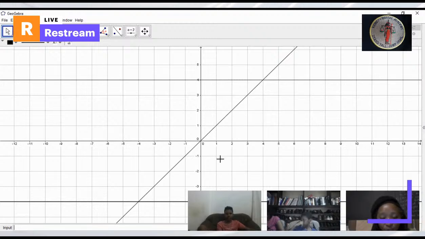We're going to do two more. We're going to do x = 4. That also is a straight line. x = 4 is a vertical line running through the point where x is 4.